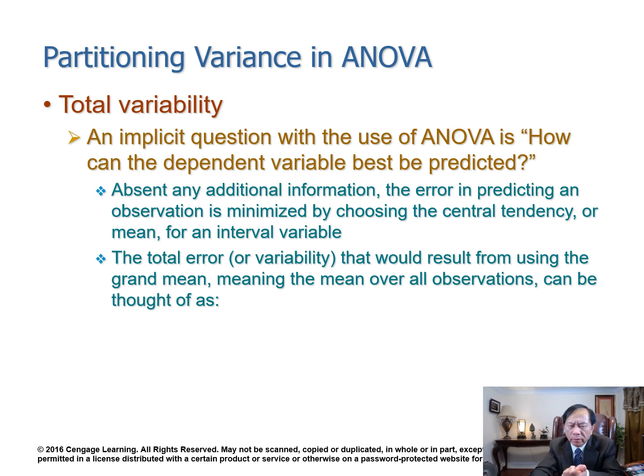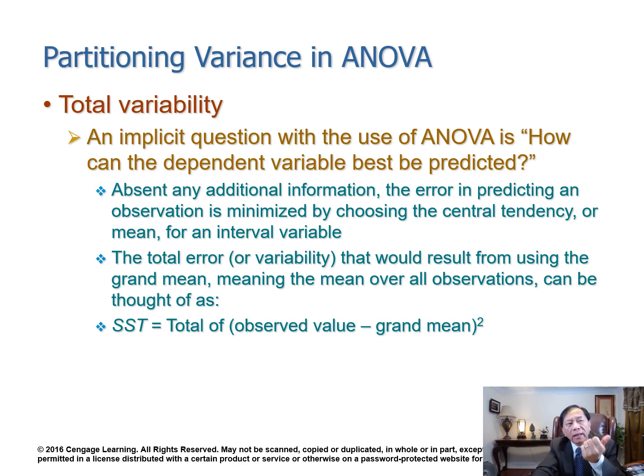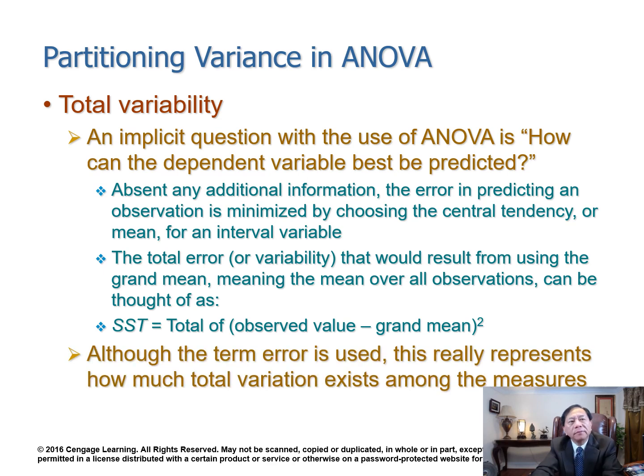The total error or variability that would result from using the grand mean, meaning the mean over all observations, can be thought of like this. SST, the sum of squares total, equals the total of each observed value's deviation from the grand mean, squared.